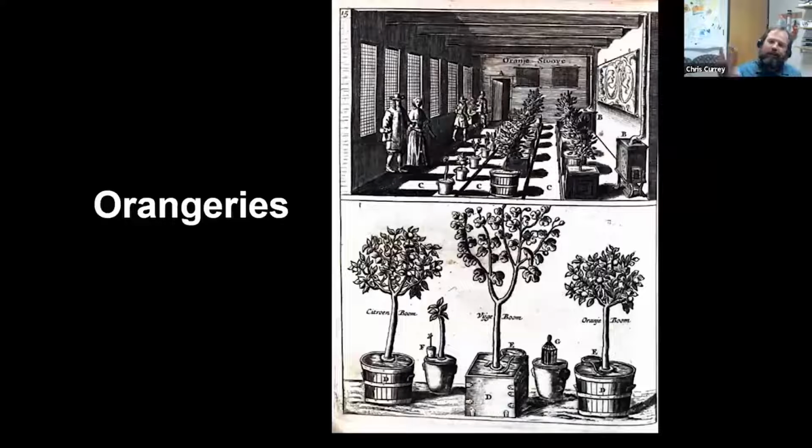If you look at this slide, in the upper photo on the right-hand side, you can also see an image of a stove. And stoves were eventually placed into the orangery to increase the temperature a little bit more. And again, this started to be the prototype of our modern greenhouse.